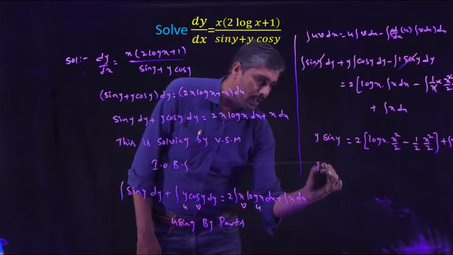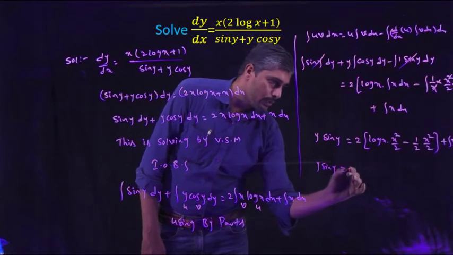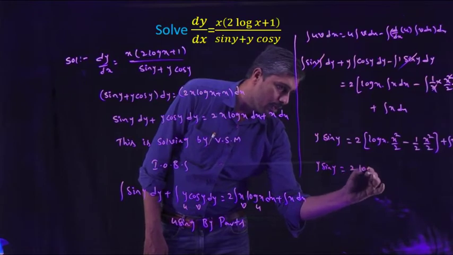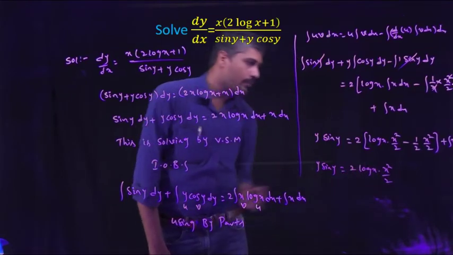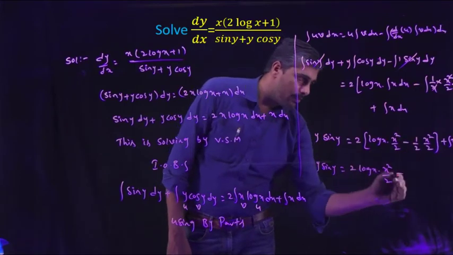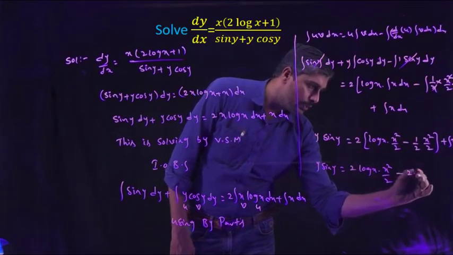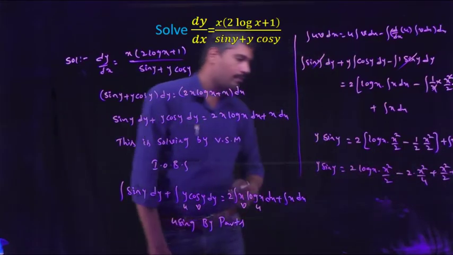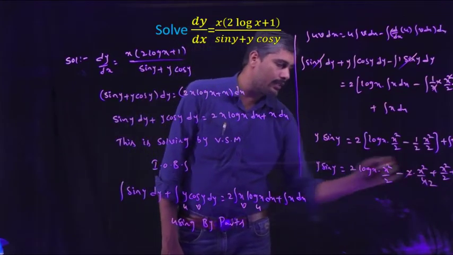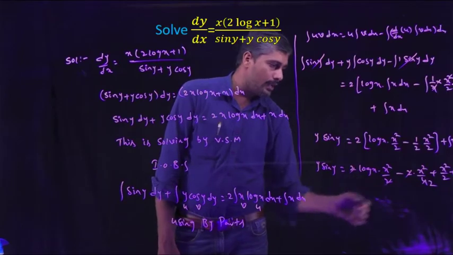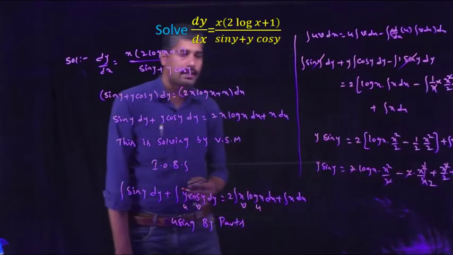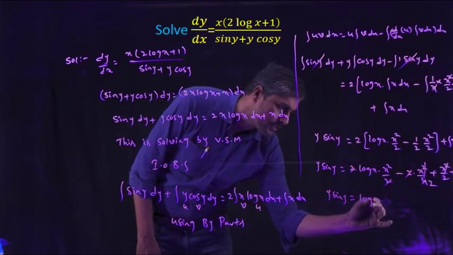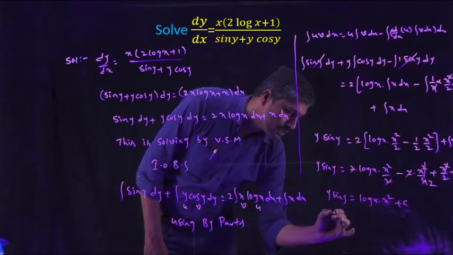That is, y sin y equals 2 into log x into x square by 2 minus 2 into x square by 4 plus x square by 2 plus c. Here the 2s cancel, and minus x square by 2 plus x square by 2 cancel. Then we get y into sin y equal to log x into x square plus c, which is the required solution.